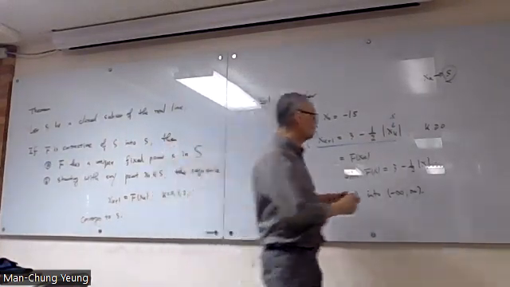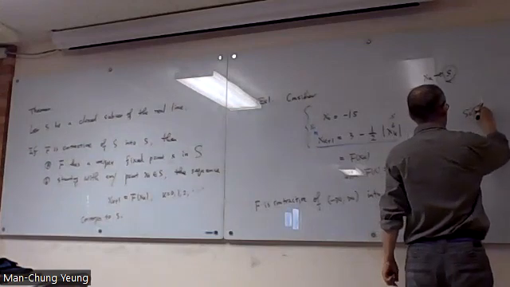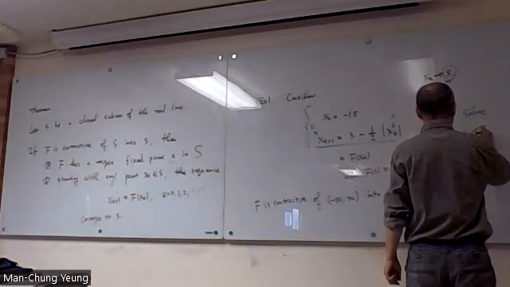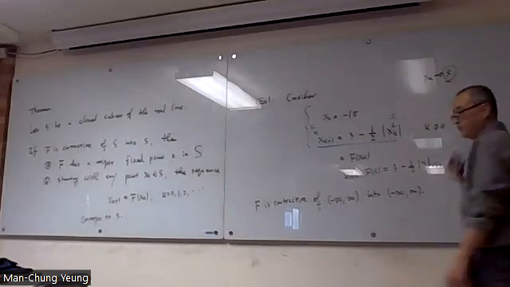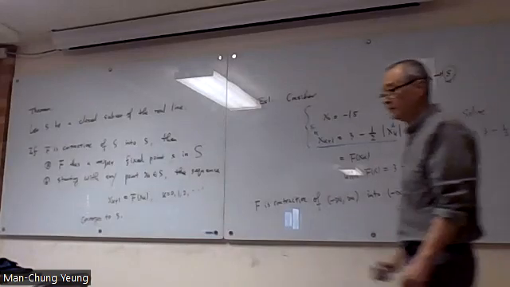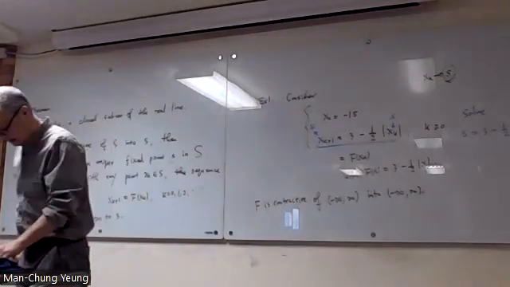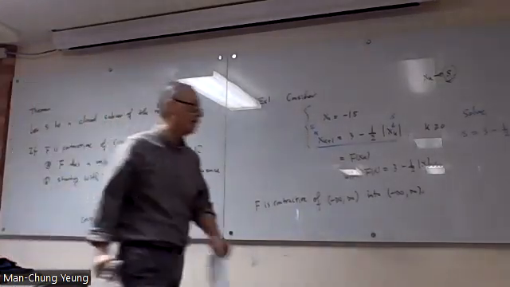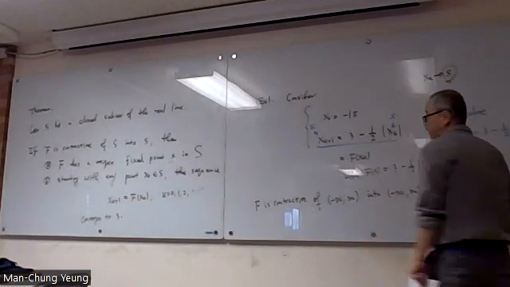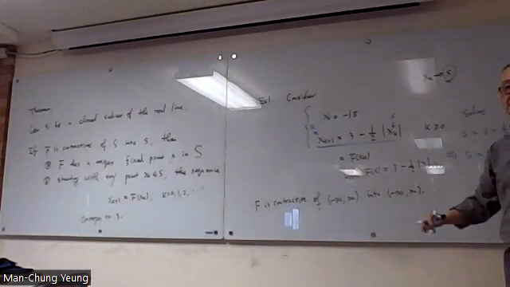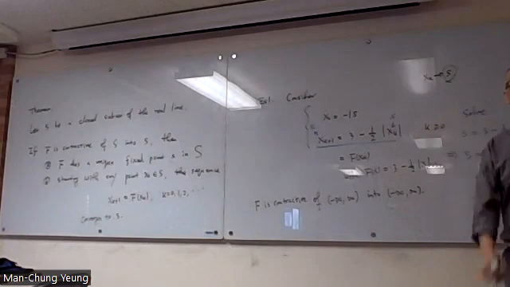Now solve this equation: s equals 3 minus 1 half of the absolute value of s. Solving, we get s is 2. So the sequence will converge to 2.